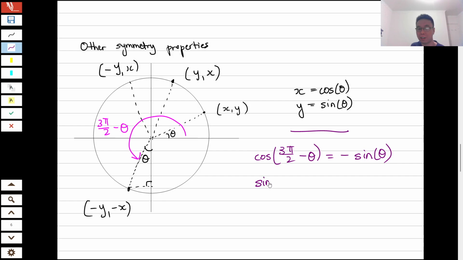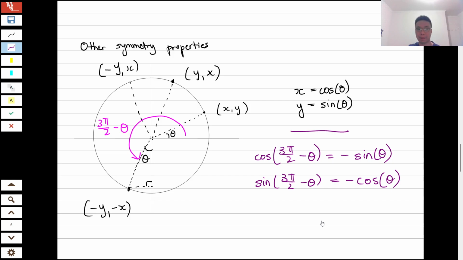Similarly, sine of 3 pi on 2 minus theta is the y-coordinate of that point, which is negative x or negative cos theta. Now let's check. Do we expect cosine and sine to be negative in the third quadrant? Yes, because in the third quadrant, only tan is positive. The rest are negative.